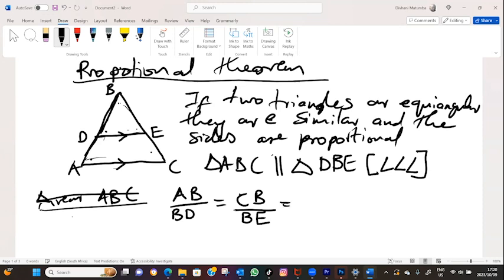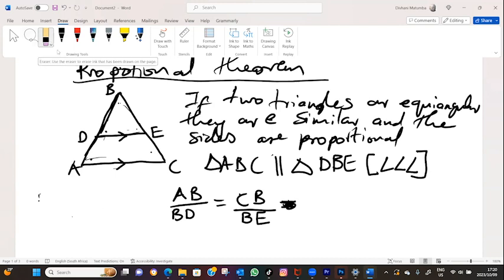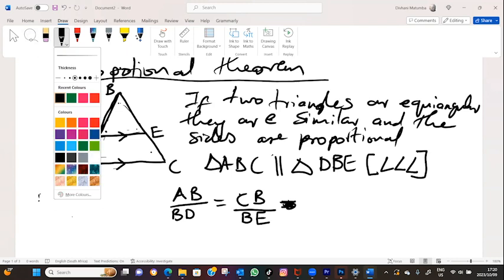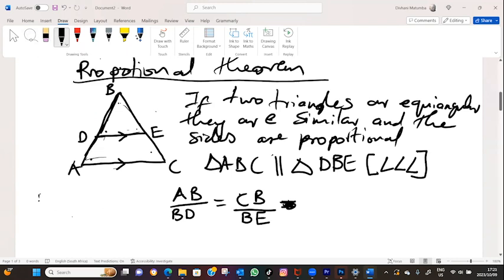Guys, if you don't understand, please go to the comment section and ask questions. And these two ratios are the same. The other ratio that we're going to compare with is also equal to AC divided by DE. Now, guys, that's what the theorem entails.